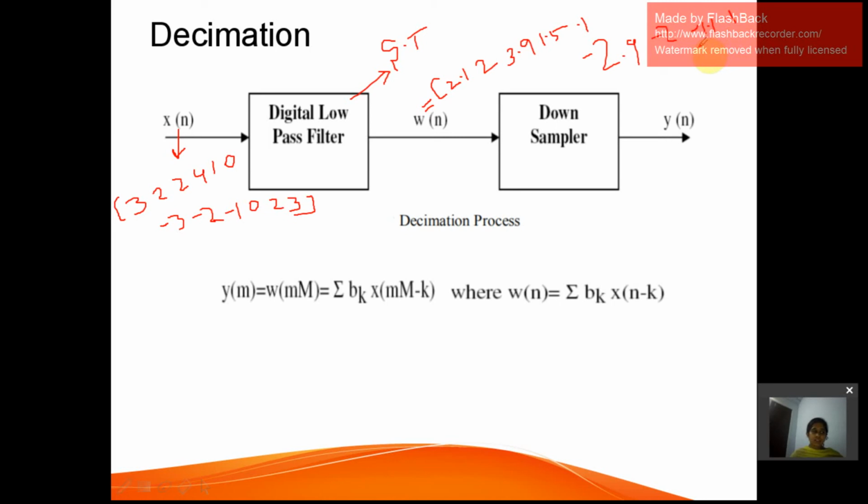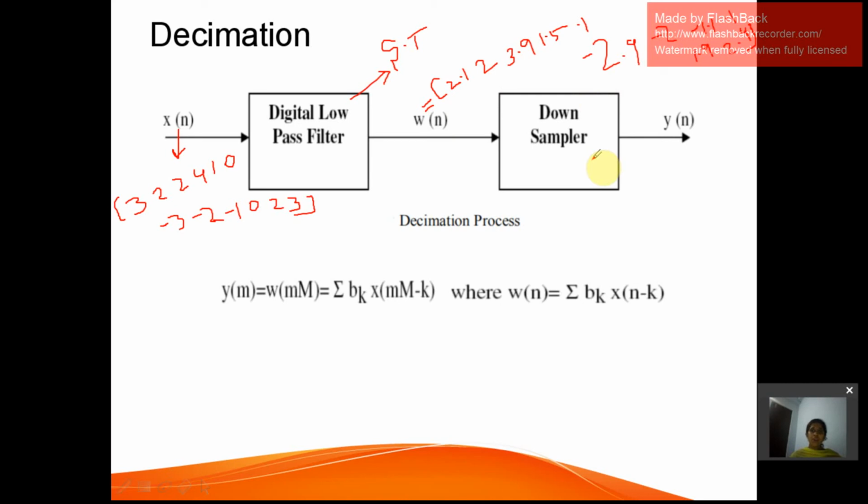This is just a filtered output. I would like to mention a few values so that you can understand the concept clearly: 2.95, 2.4 or 9, anything. So this is the input which you have chosen and passed through the low pass filter. It satisfies the sampling theorem and we get the filtered output in this form.